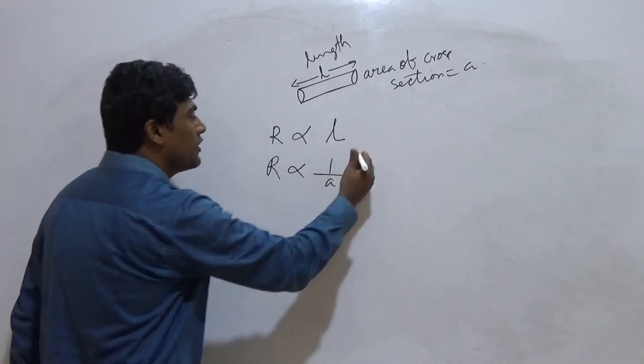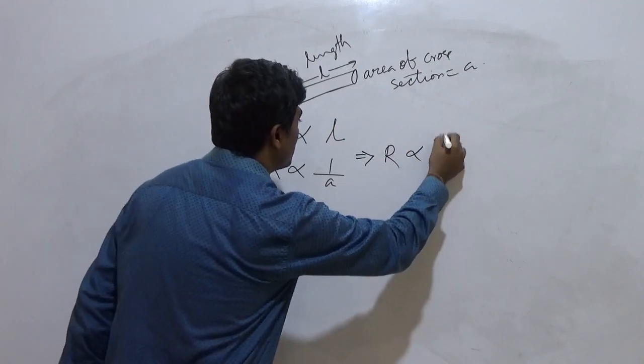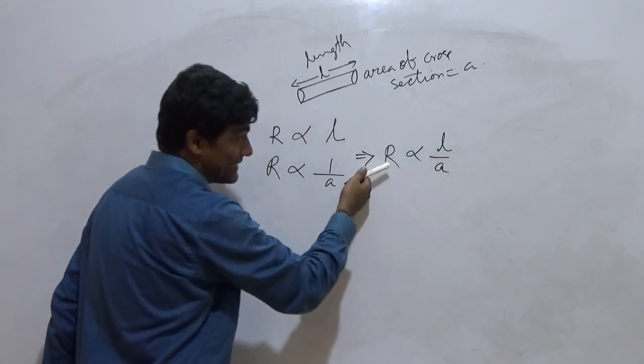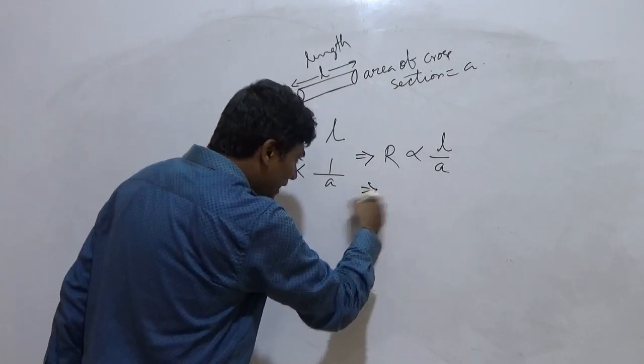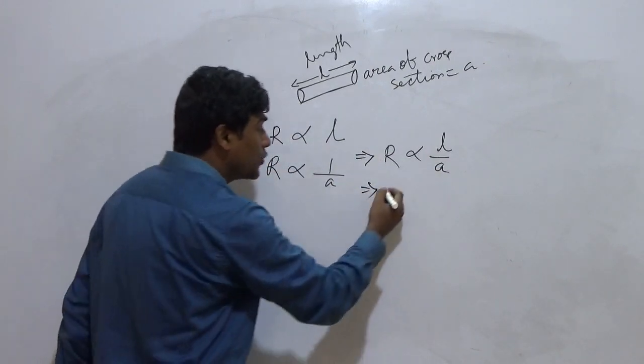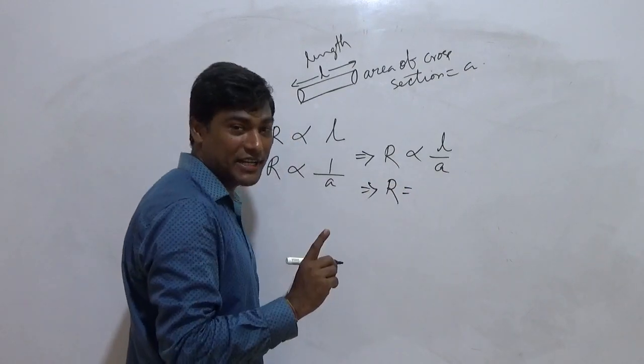So from these two relations, by combining them, R is directly proportional to L by A. Resistance is directly proportional to L by A. When we equate them with an equal symbol, we need a proportionality constant.